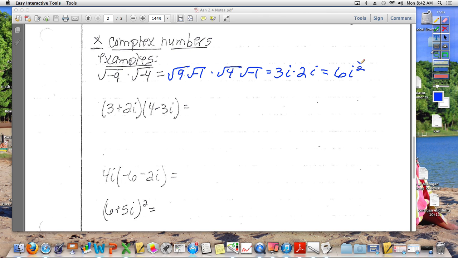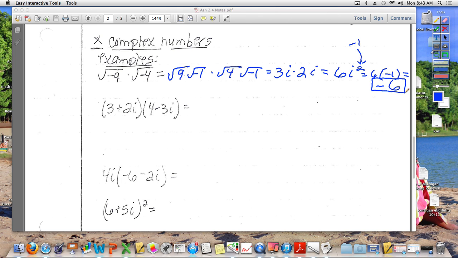What is i squared? It's negative 1. So really what we have here is 6 times negative 1. What's 6 times negative 1? Negative 6. All that, and we end up with negative 6. So the i's have disappeared.